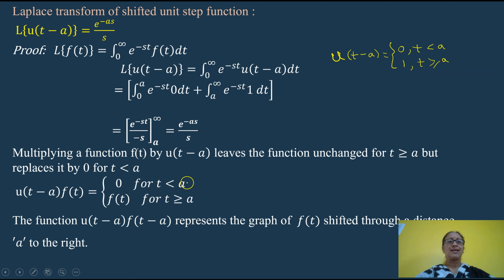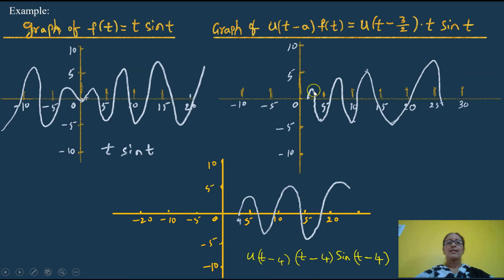You can understand these definitions by some graphs which I have plotted. Let us see those graphs. Here this graph has been cut up to t equal to 3 by 2. That means here we don't find the graph which is existing on the negative x-axis.